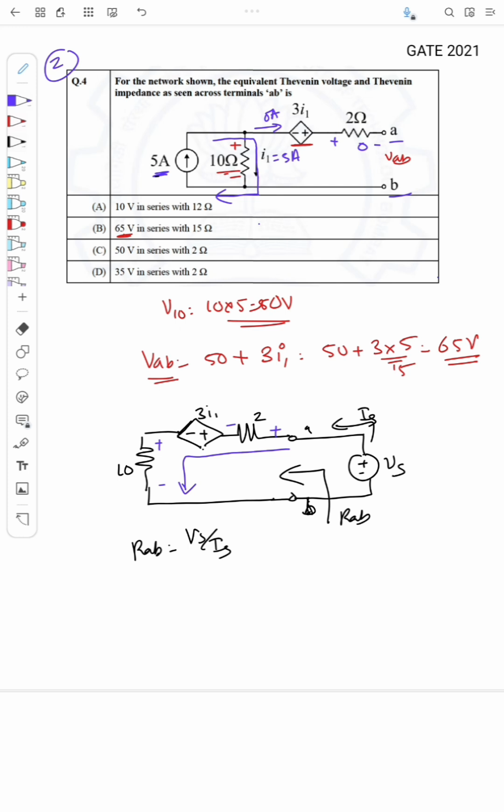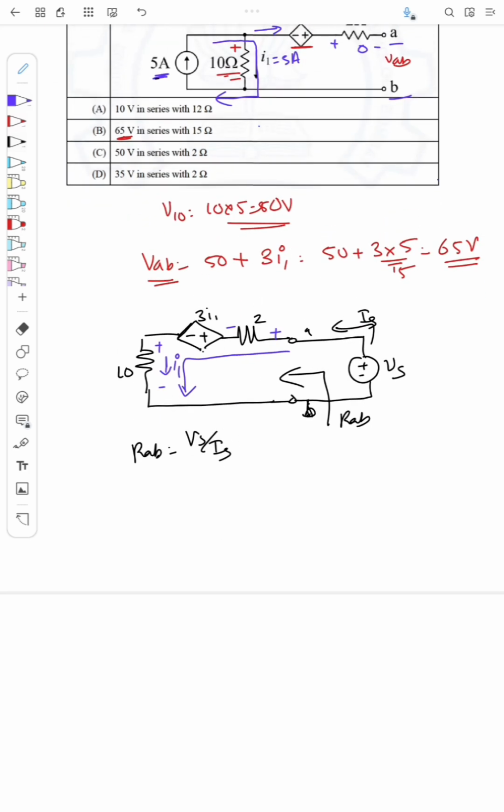Given the current is I1, applying KVL here, from the source it is Vs minus Is into 2, that is the voltage across this 2 ohm, minus 3I1, and minus 10 into I1, equal to 0. From the circuit it is clear that Is is the same as I1, because the same current flows like this. So I can write Is equal to I1.